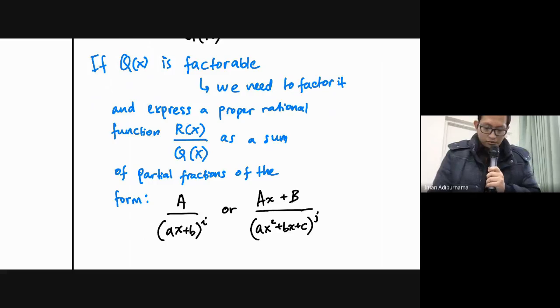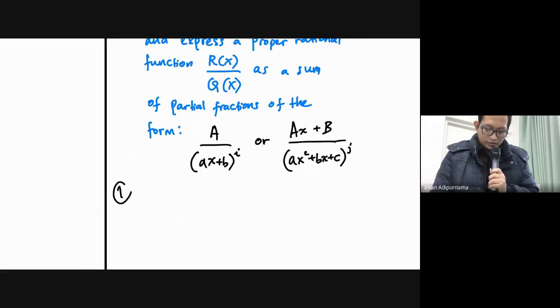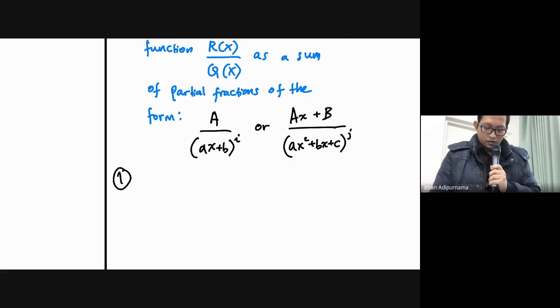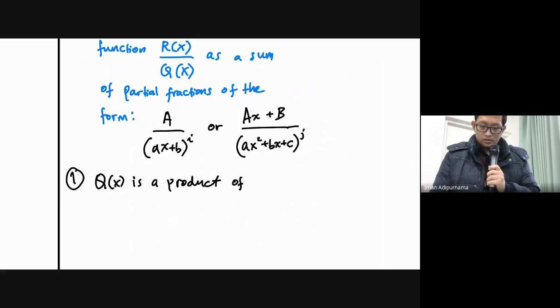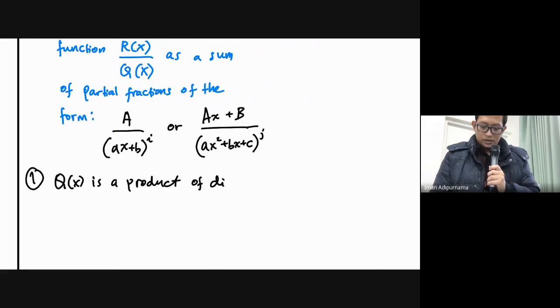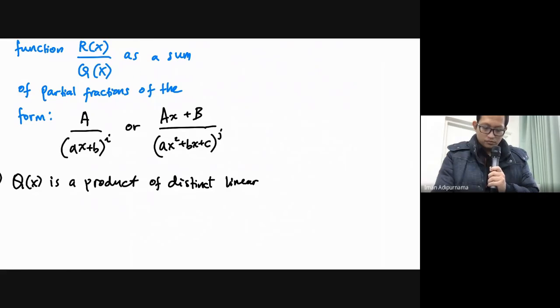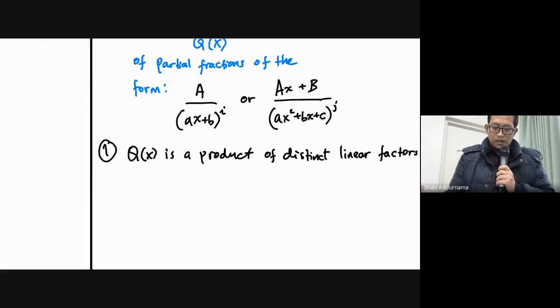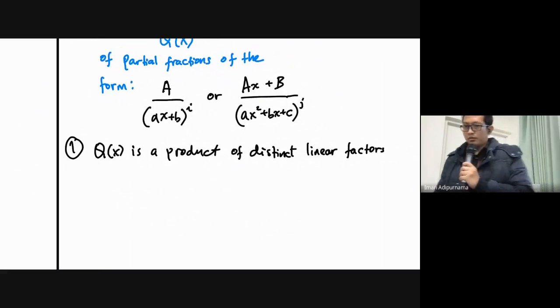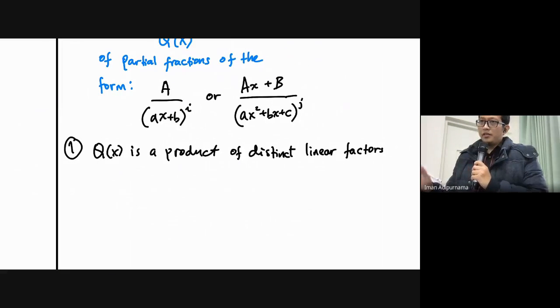Now we go to the first case. Q(x) is a product of distinct linear factors. Meaning the factors will be different.